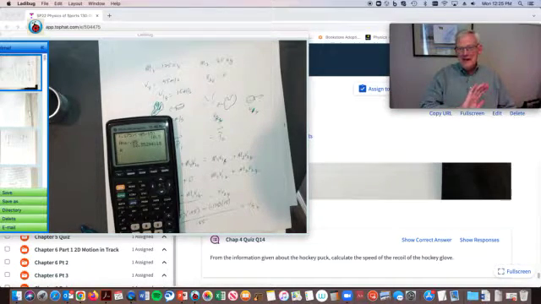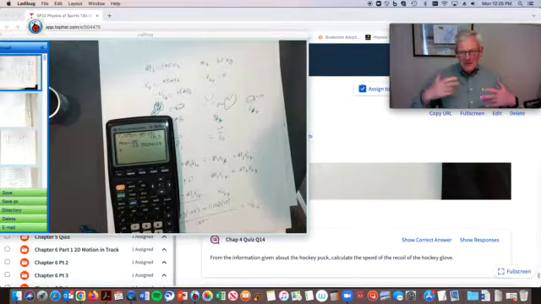Otherwise the momentum in the system would have changed, because we'd have added more stuff to the system. It's just our glove and puck system, so this glove was just lying on the ice and got hit. That might have been what was confusing. So that's the recoil of the hockey glove.